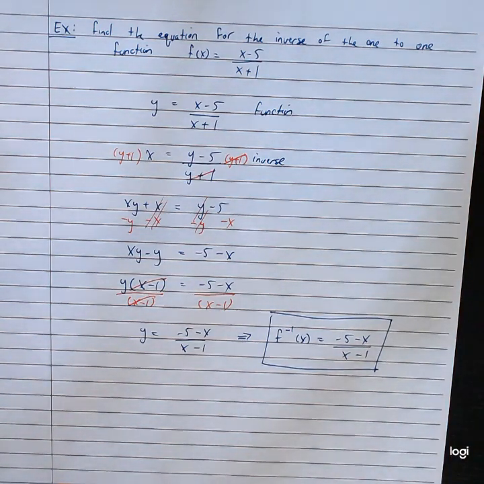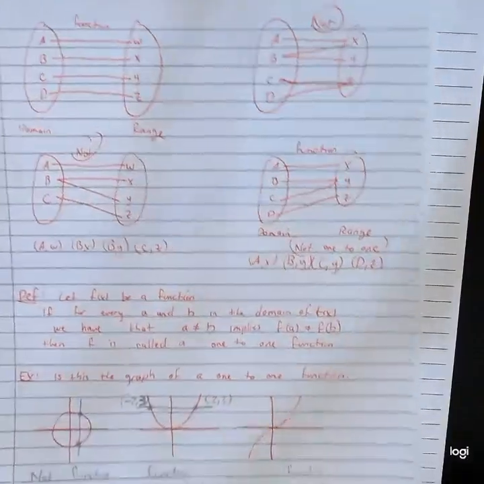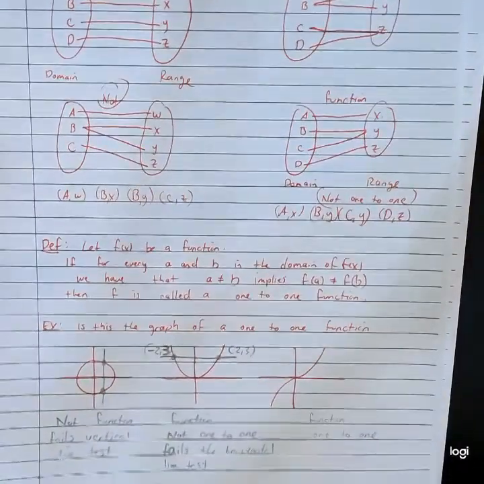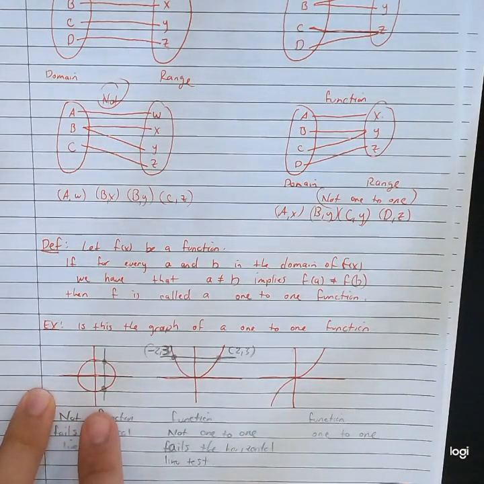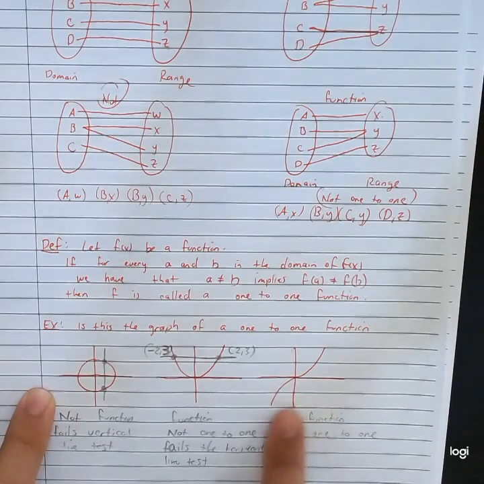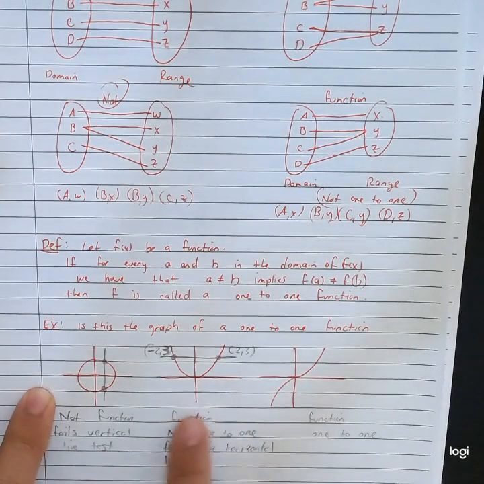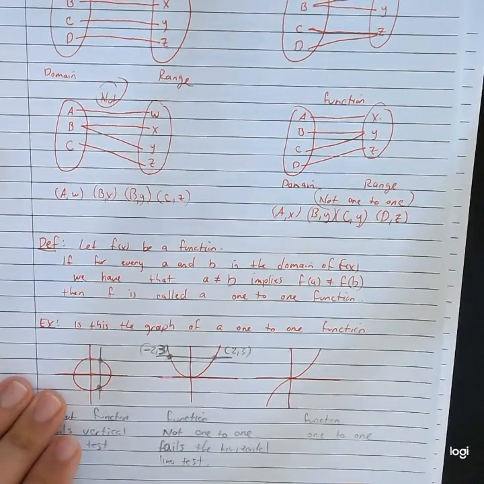Now, if you pay attention to one of our earlier examples, there may be something that's bothering you. Back over here, we said, all right, that's not a function. Okay, fine. That's a function and it's 1-to-1, so we should be able to find its inverse. Here we said it's a function, but it's not 1-to-1 because it fails the vertical line test.